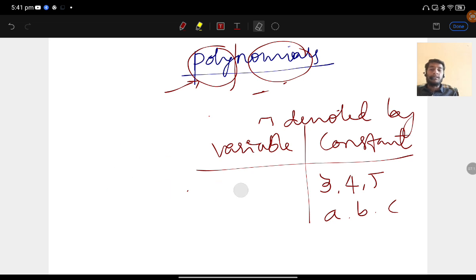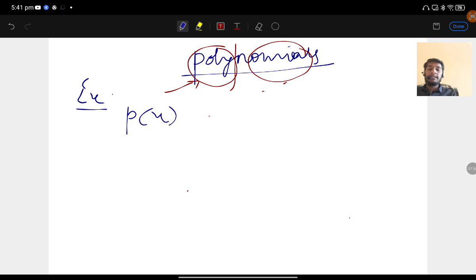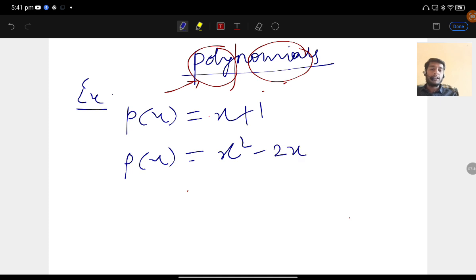Okay, next we will move to some examples of polynomials. Now p of x equals x plus 1. This is one example. p of x equals x square minus 2x plus 5. This is also a polynomial.